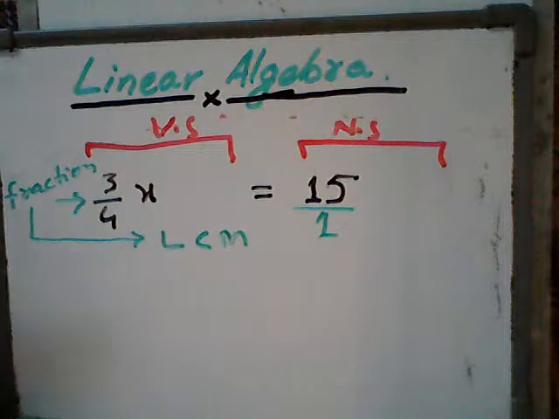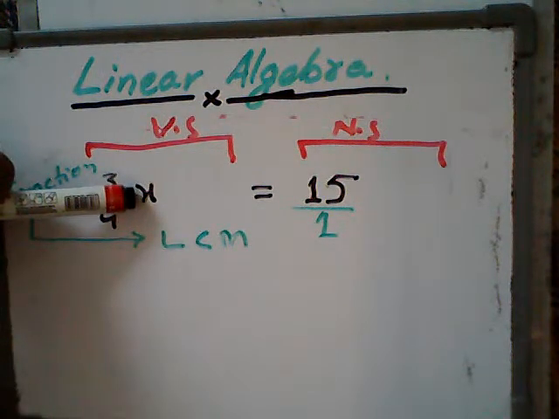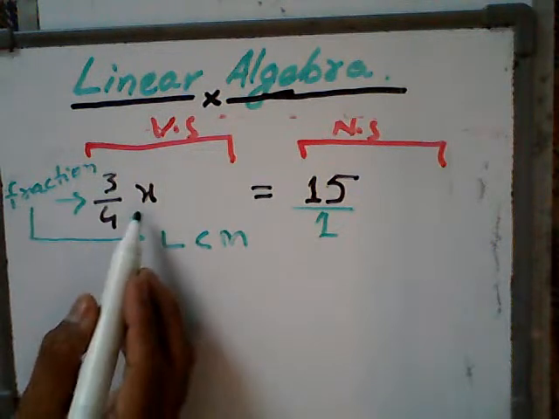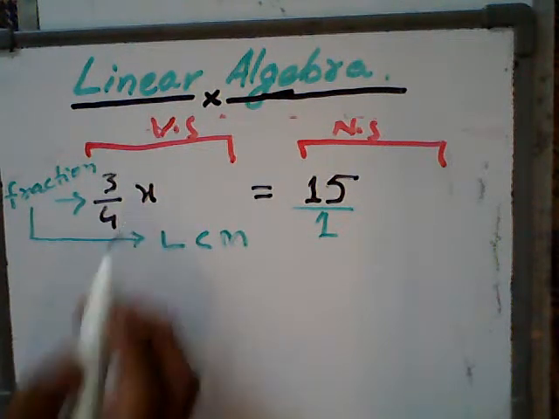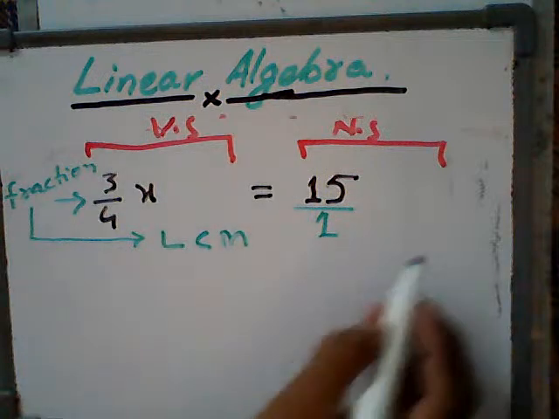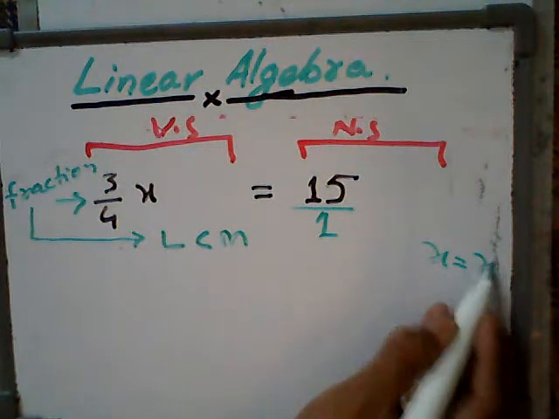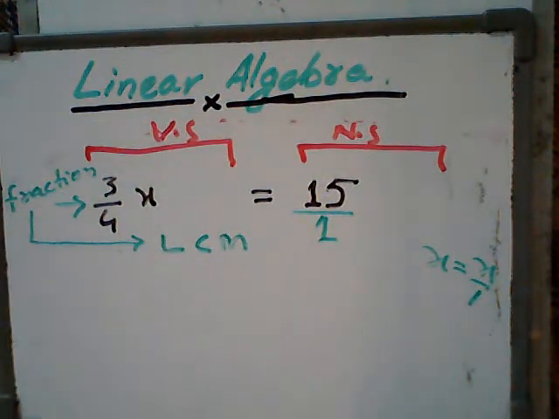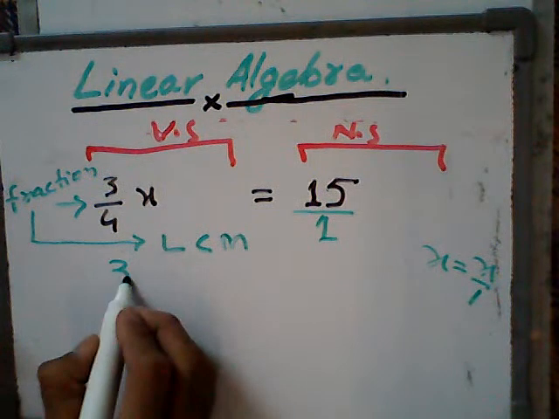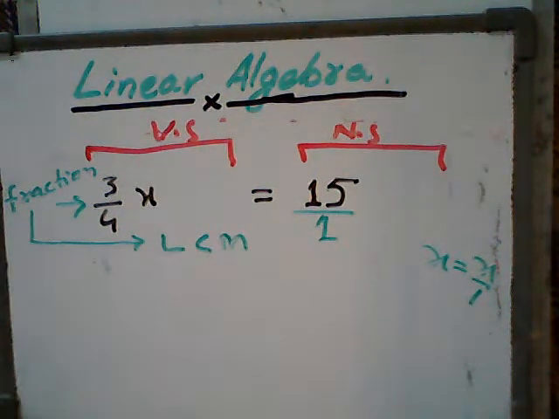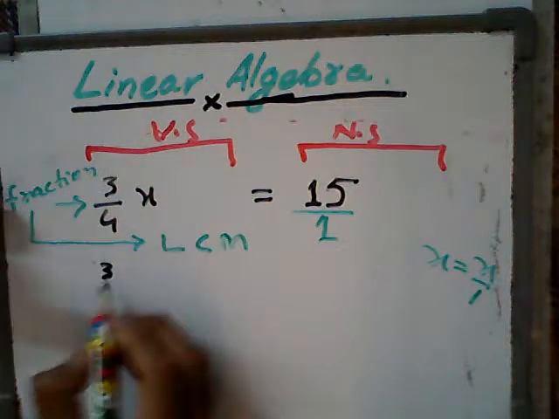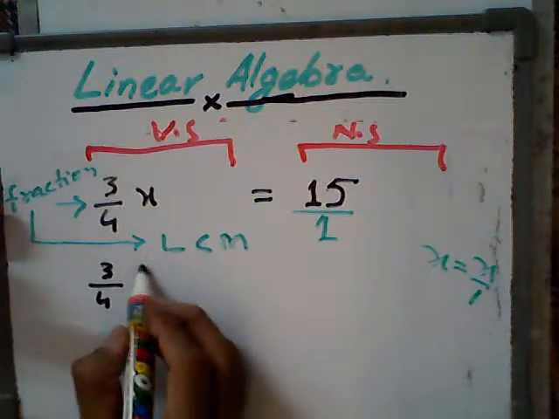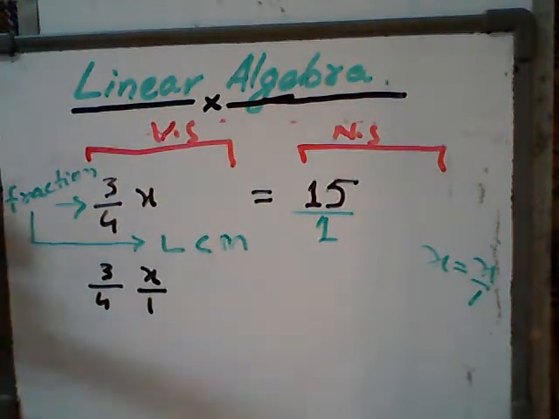And if there is 3 by 4x, what about this one? This is in the middle? No, this is not in the middle. This is also a part of it, the same like that x will also be written as x by 1. So it means 3 by 4 and x by 1.